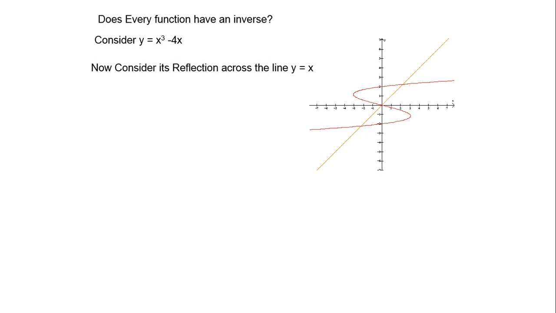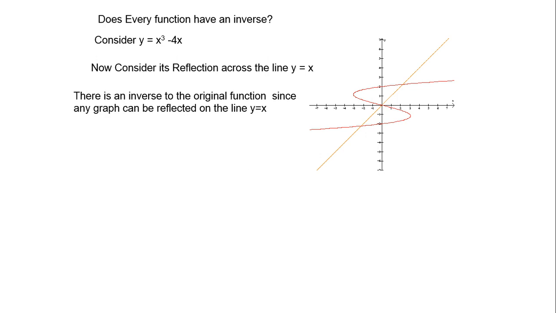So you say, well, wait a minute. That does not appear to be a function. Well, you're absolutely right. It's not a function. But it is the inverse of what we had because it is the reflection of our original function across the line y equals x.